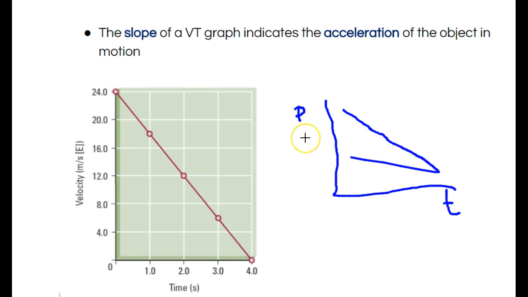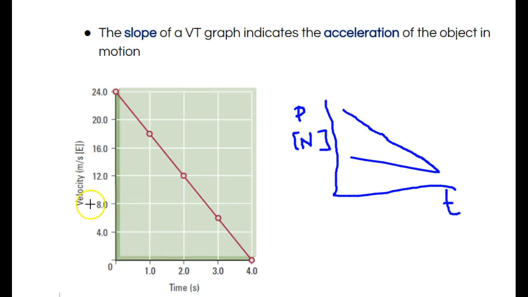So for instance, let's say over here my position was north, then the object would be moving in a southerly direction. However, we can't interpret the VT graph in the same way, right?